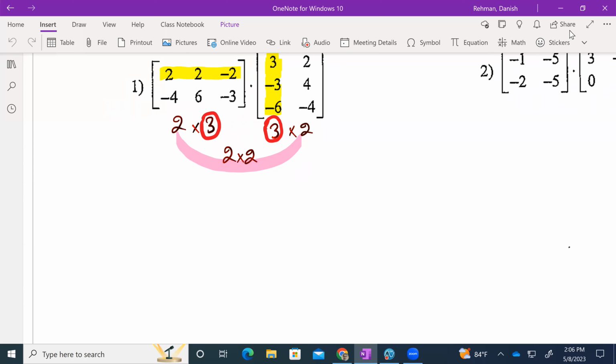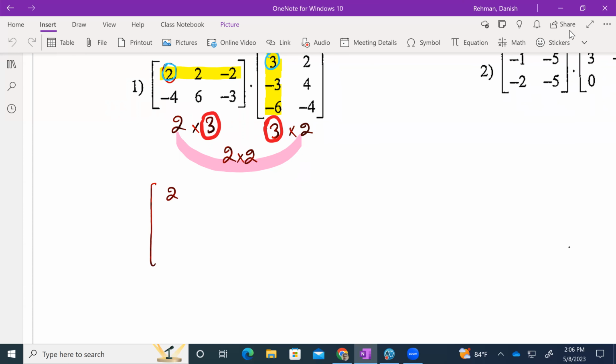How will it happen? Let me bring the steps one by one. Look at this. What's the first element here? 2. This 2 is going to be multiplied with this 3, first element with the first element.